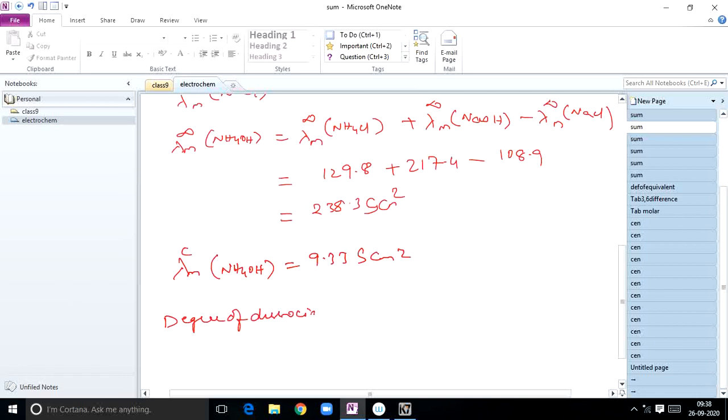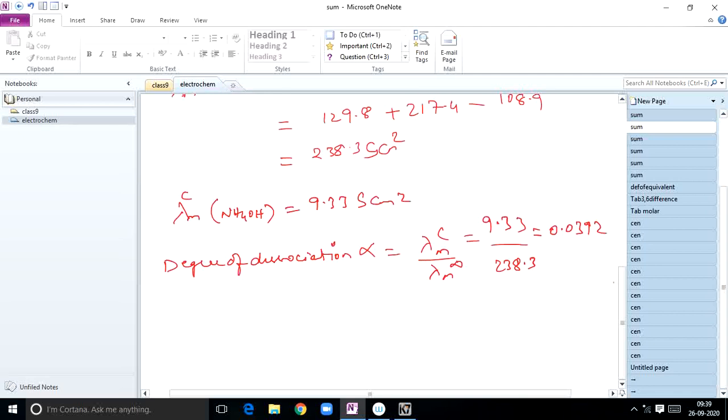Degree of dissociation, you can take alpha is equal to lambda mc by lambda m infinity. So lambda mc value given is 9.33 by lambda m infinity 238.3. If you substitute, you will get 0.0392. This is the alpha value.